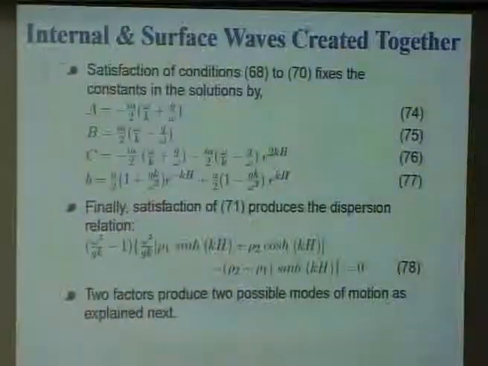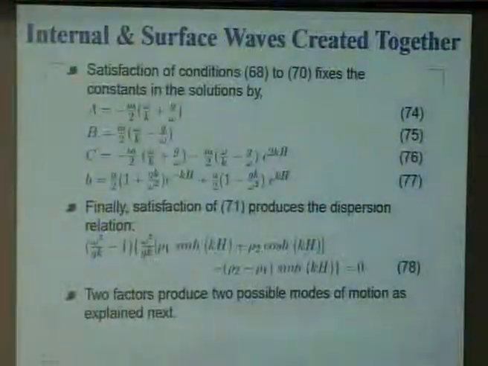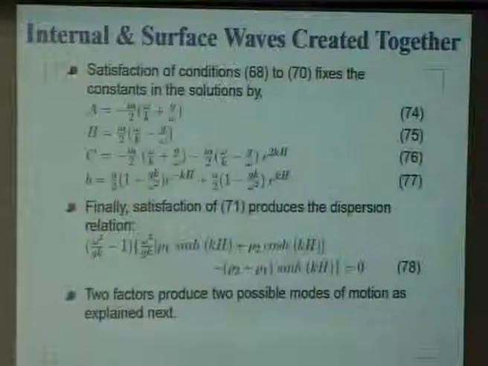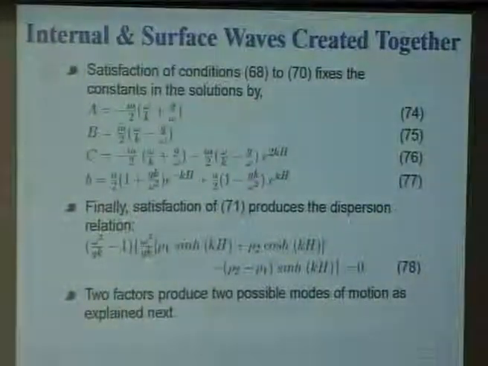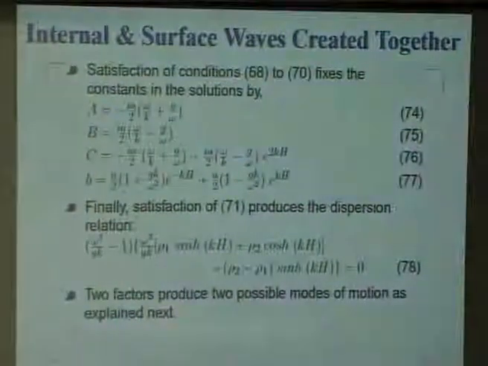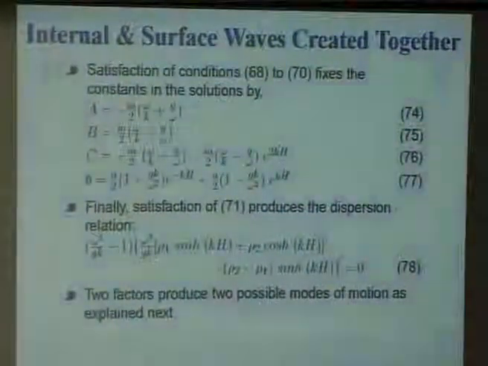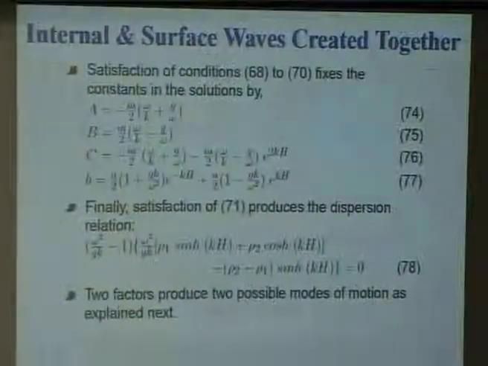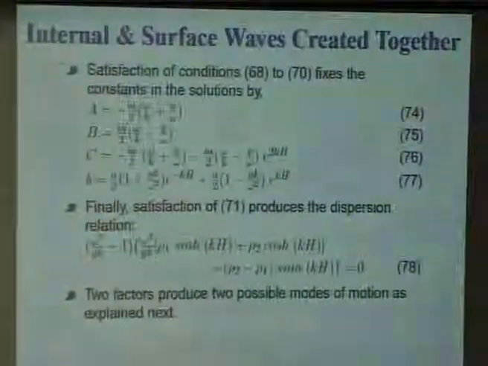So, once we plug that in, we get these 4 equations. This gives you a relationship between B and A, the last equation, while satisfaction of Bernoulli's equation, the dynamic boundary condition, provides us with a dispersion relation.